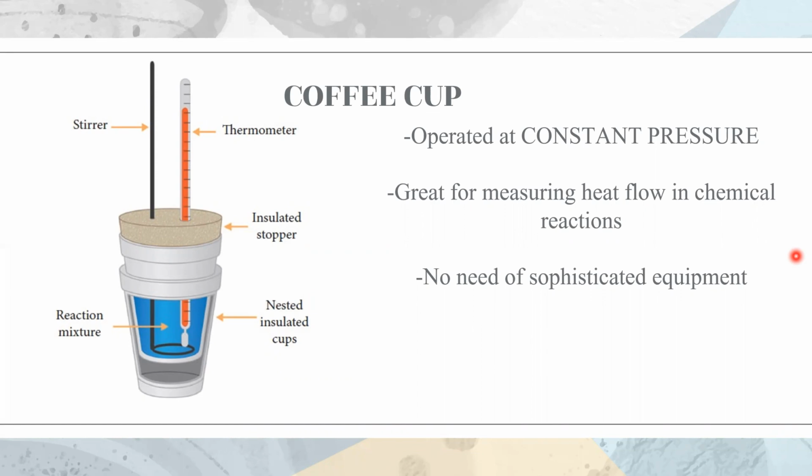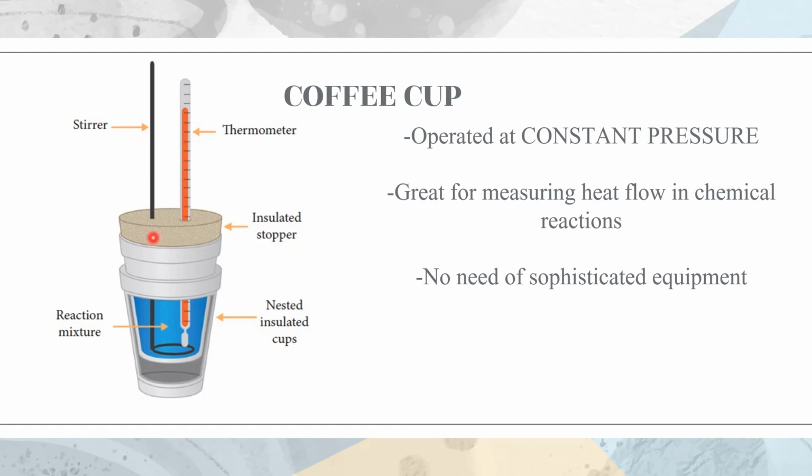We would really just need a couple of things that we can find at home. The only thing that we would need would be two normal styrofoam cups, like the ones that we can see over here. And we need to stick them together so that this can isolate the reaction from the outside, from the surroundings.